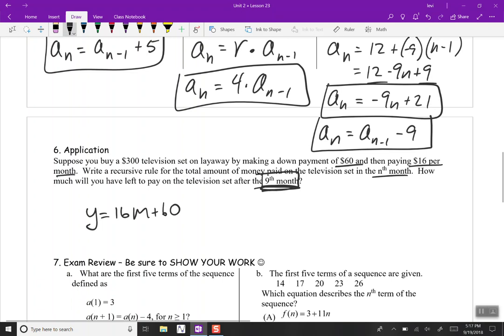And when it's going to be in the 9th month, how much we'll pay, so we just plug in a 9 here is all that is.